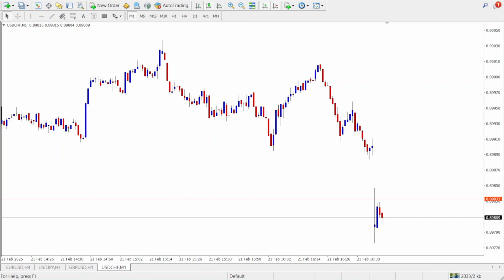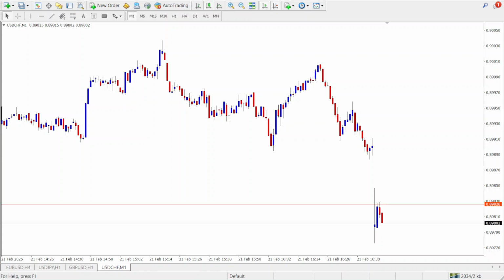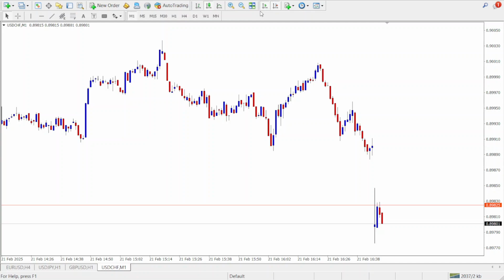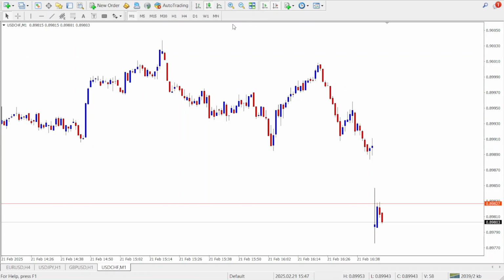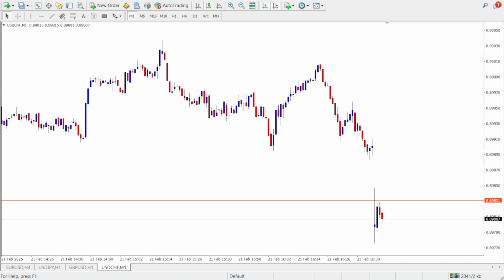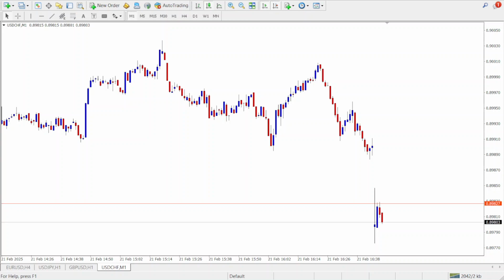Now, the 3 EMA strategy is a scalping technique that relies on 3 exponential moving averages to identify short-term trends and trade opportunities. EMAs are great for scalping because they react faster to price changes than simple moving averages.